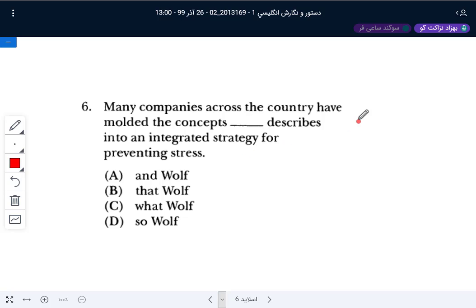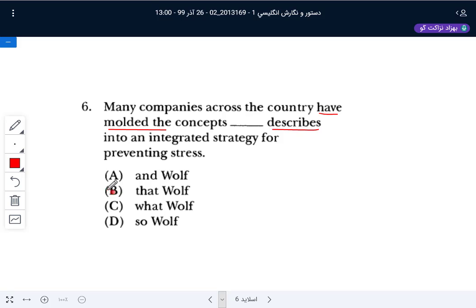No, because we see more than one verb. Have molded, describes. Okay? So we see more than one verb. So this shows that this is not a simple sentence. It means that we have a main clause and another clause has been embedded into this main clause.